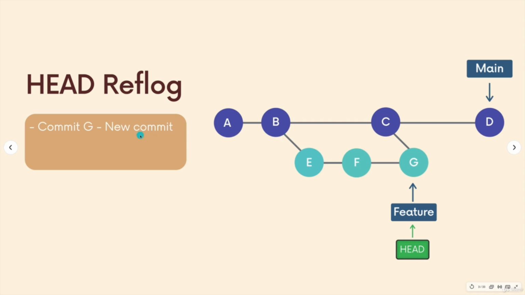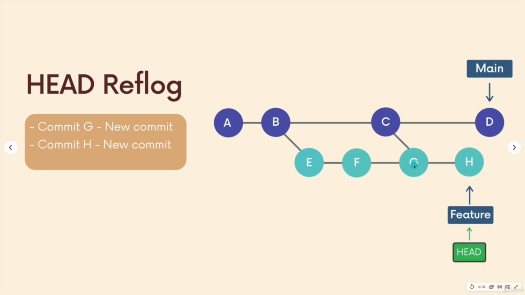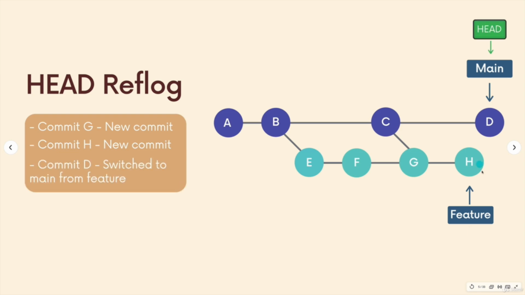So in my diagrams here, I'm kind of indicating the potential log for HEAD. So a reflog, a reference log for when HEAD changes. So here's HEAD in this hypothetical situation. It's pointing to feature, which in turn is pointing to this commit. So then we make a new commit H. I'm just using letters to make it simple. But then we switch branches. HEAD now points to main.